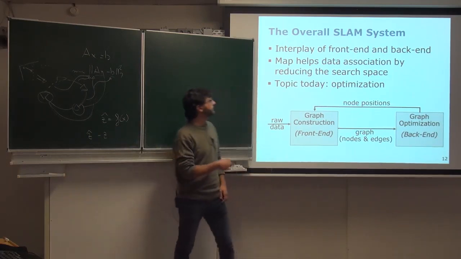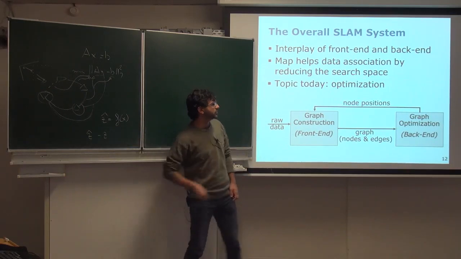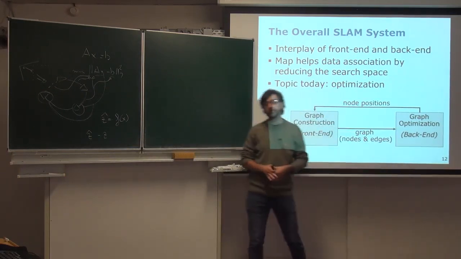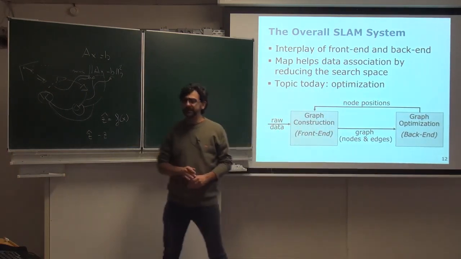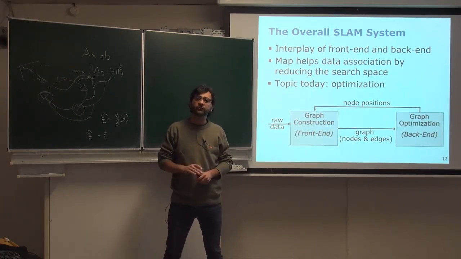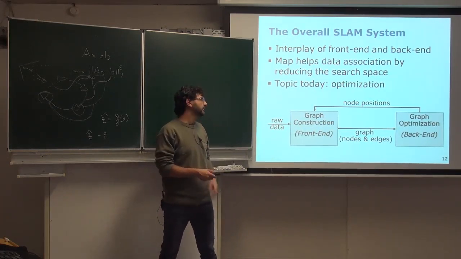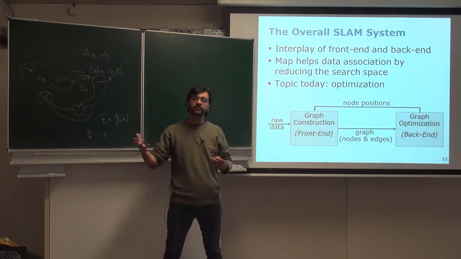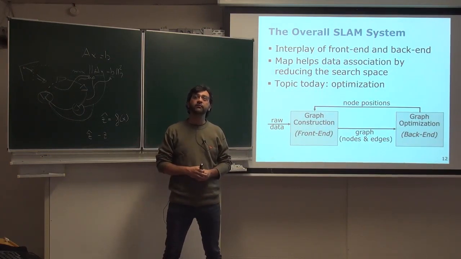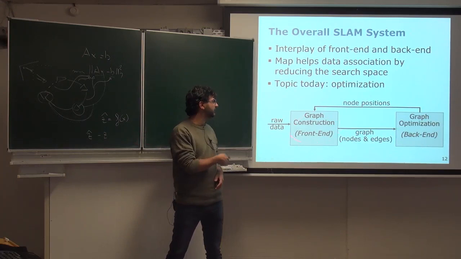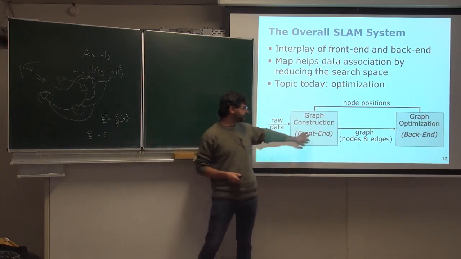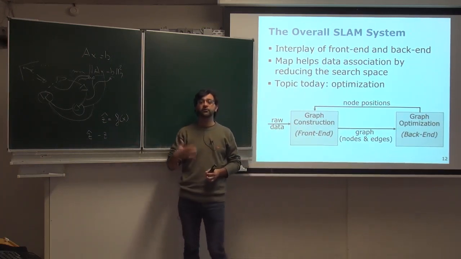Okay? The topic of today is optimization, so we are going to go on the back end, and somehow the back end has been addressed more than the front end. Reason being, the back end is a nice abstraction, and you can use it for different types of front ends, while the front end strongly depends on your sensor data.